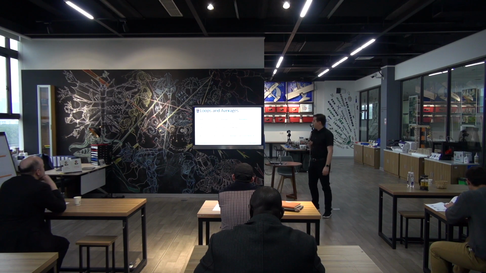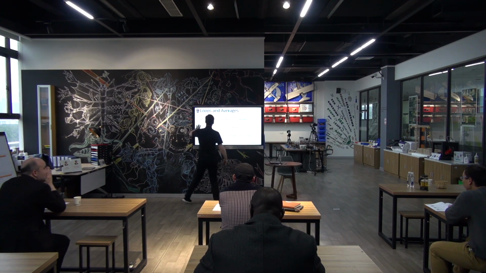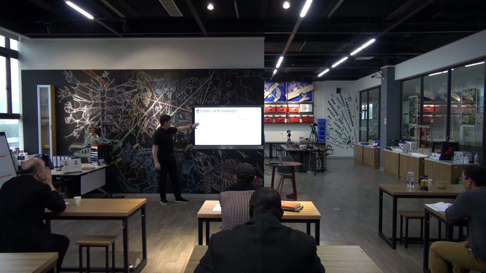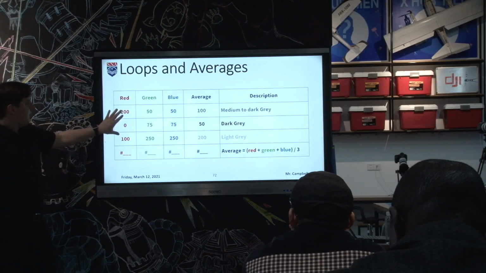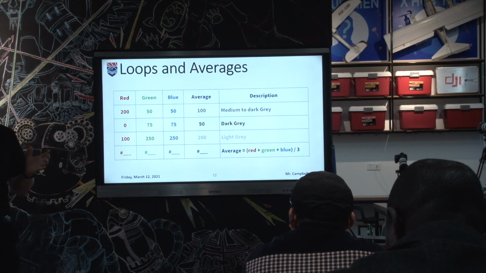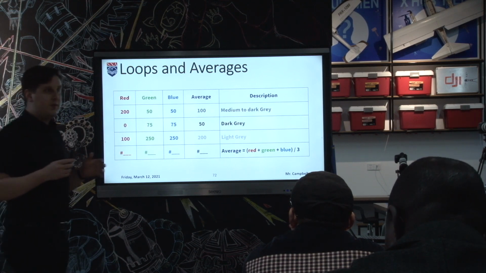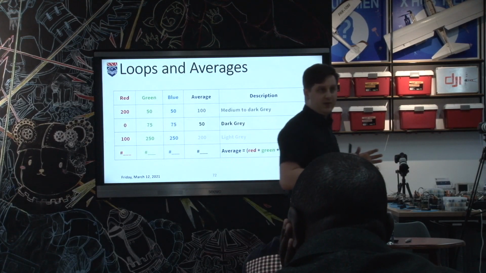Now here I have a table, and we can think of colors in several different ways. I have these different colors, and in this color, you might think that the red is the brightest because it's the biggest number. But if we take an average of all these colors, the brightest color is actually the bottom one. So we can think of colors not as individual combinations of red, green, and blue, but as a tonal average of all the colors.